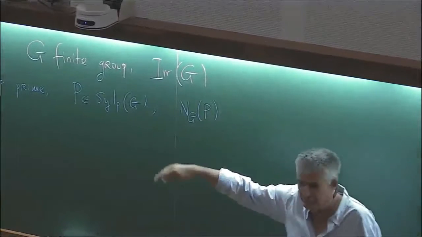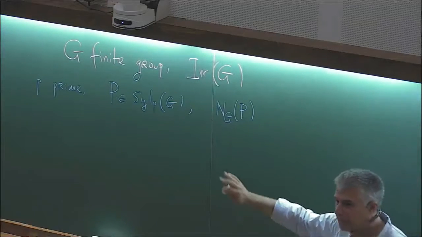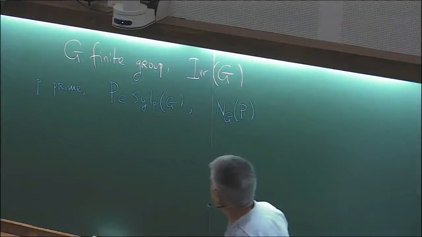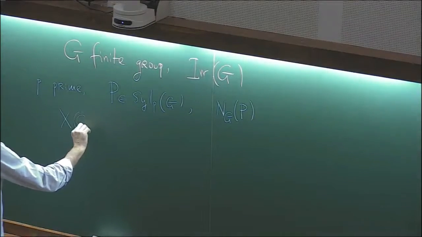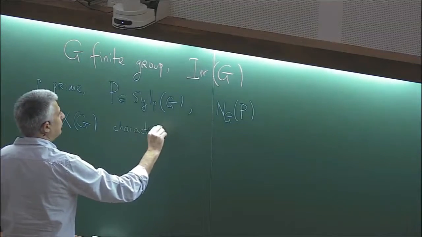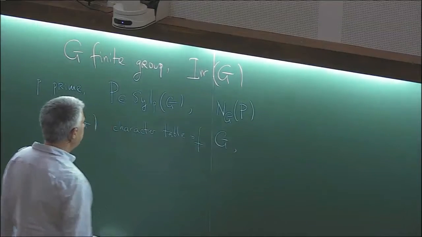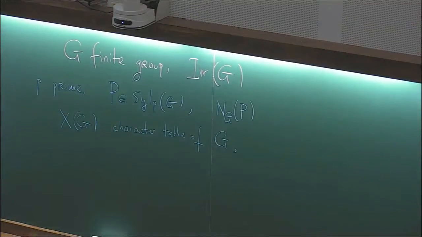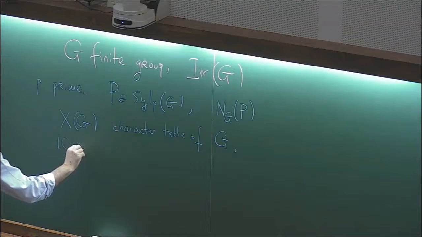I can make this more sophisticated by talking about blocks, about defect groups, but I'm going to stick to the most basic case. The most basic case, I'm going to have the character table of G. And of course, the character table of G, as we know, determines many of the structure of G, such as sizes of centralizers.